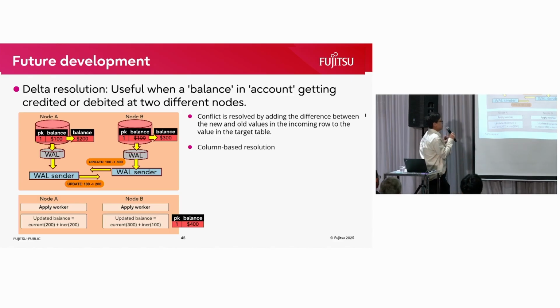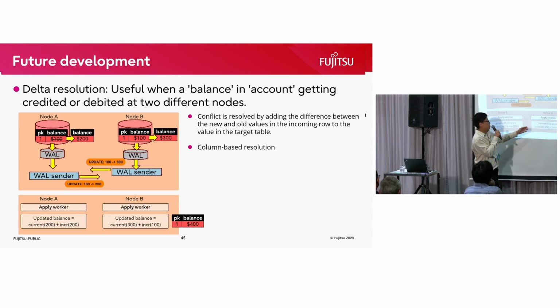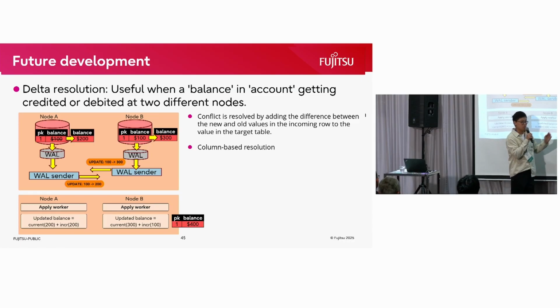But in the real world, in this case, people may want to add the difference of the updates instead of choosing one of them. So people may want to update the balance to the current one plus the increment. So the final expected result should be $400. So this new resolution method is to handle this case.